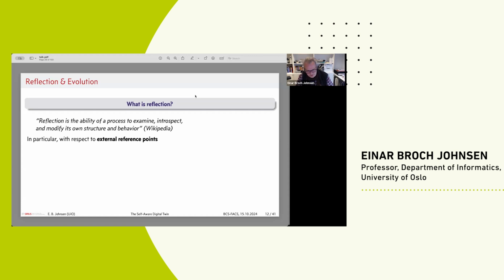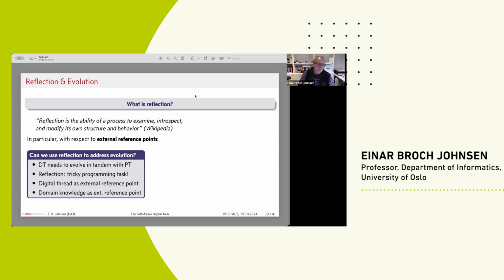And the reference points we are interested in, I mentioned already, so we have observations from the physical twin. We have these life cycle stages that are moving around, so there are these various triggers that should change the behavior in the twin. So now the question is if we can use reflection to address this kind of evolution. The digital twin needs to evolve in tandem with the physical twin.